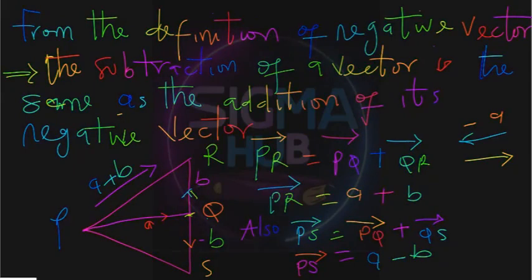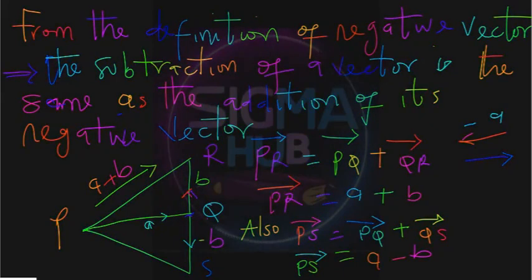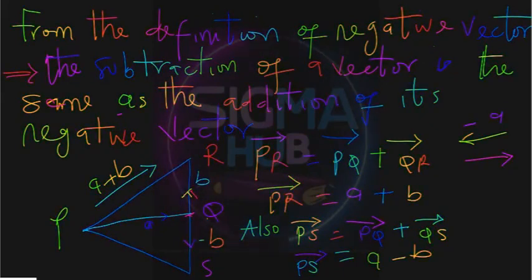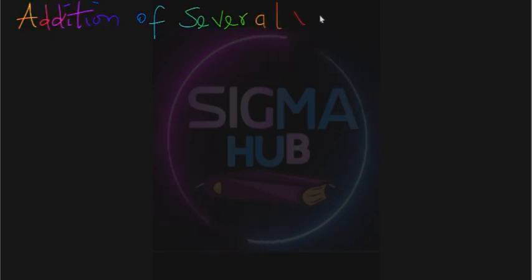Now, suppose we have more than two vectors to be added, and this brings us to the addition of several vectors. That is, we have more than two vectors to add together.